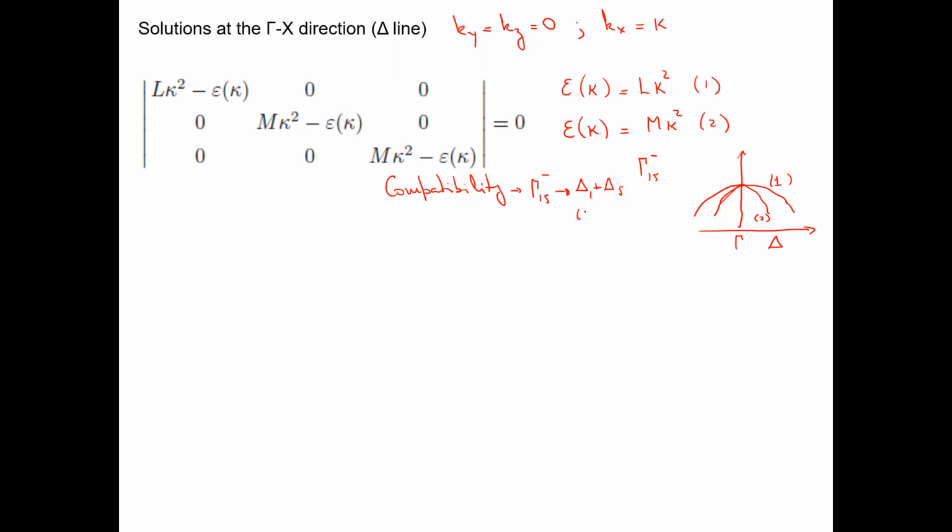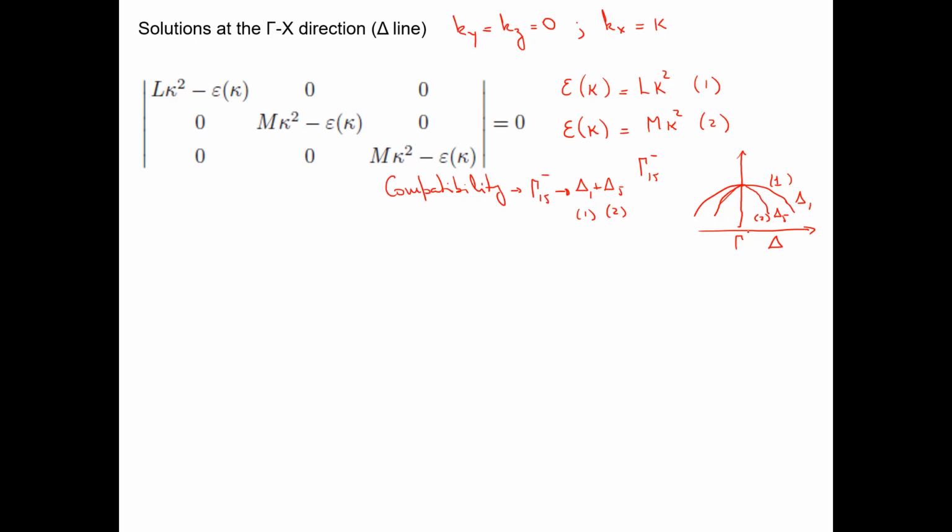This one is non-degenerate, this is a doubly degenerate state. So this should be a delta 1 level, this should be a delta 5 level. Okay? And this is consistent with k dot p. And you see already that that leads us to different effective masses.